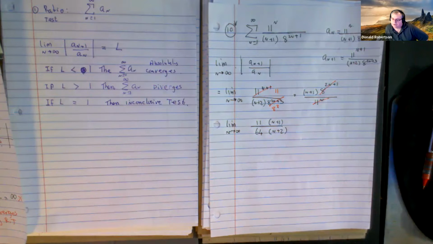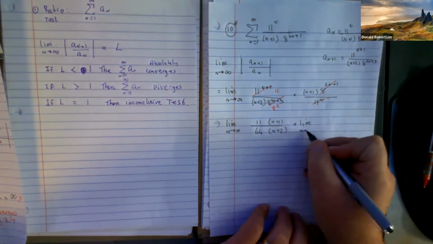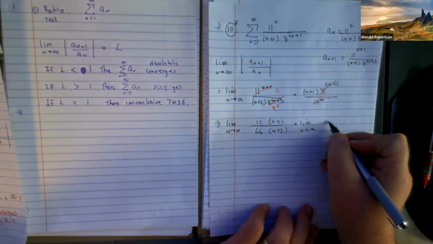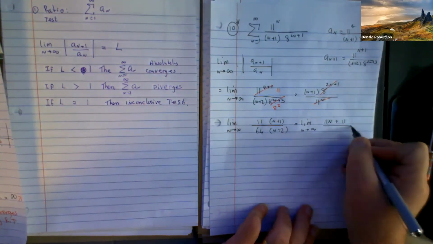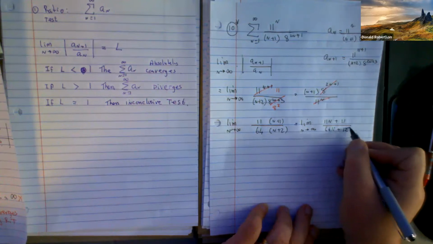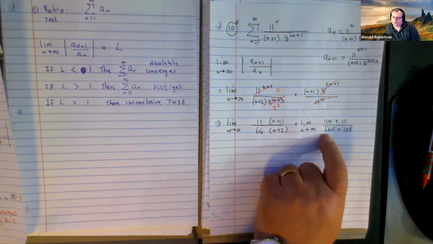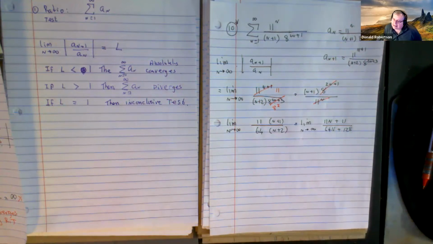So far, so good. What I would probably do in this question, although there's other ways to approach it, would be to multiply out that. And at this point here, couldn't I do L'Hopital or divide the top and bottom by n?